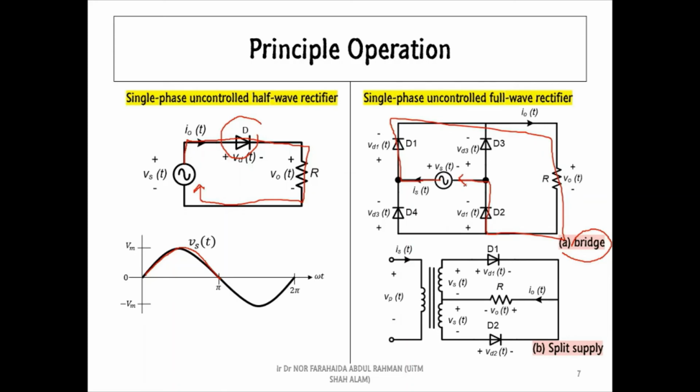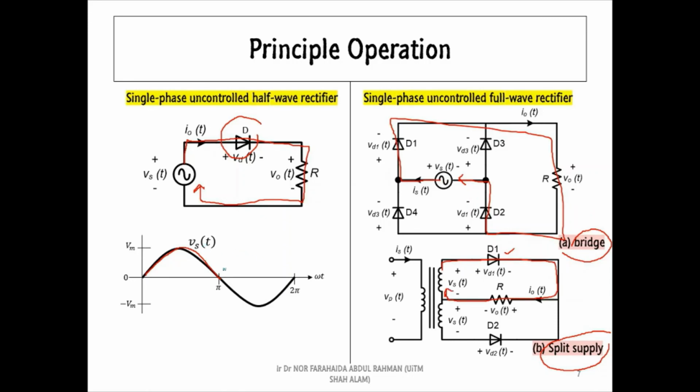Thus, current can flow from the source to the load. Here we can see the bridge rectifier requires a pair of diodes to conduct the current. On the other hand, in the split supply rectifier, only diode D1 is in forward bias. Hence, current will flow from the source to the load.